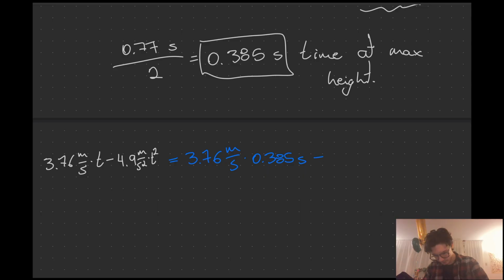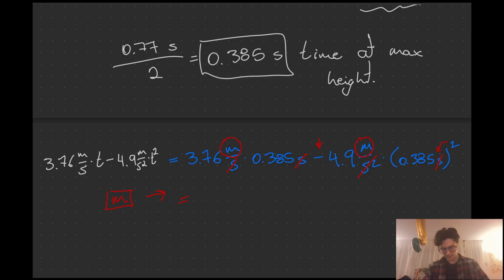My bad, that's a minus 4.9 meters per second squared times, here we square it, 0.385 seconds squared. Check it out. This square comes down here. It squares these seconds, which cancel with these seconds squared, leaving the only unit as meters. These seconds cancel with these seconds. Only unit left is meters. You subtract these two things in meters, and you will get the final height in units of meters.